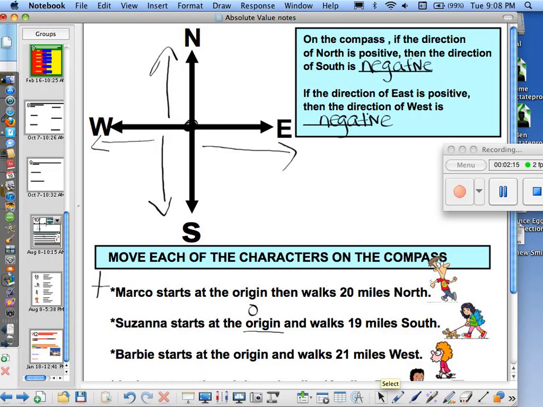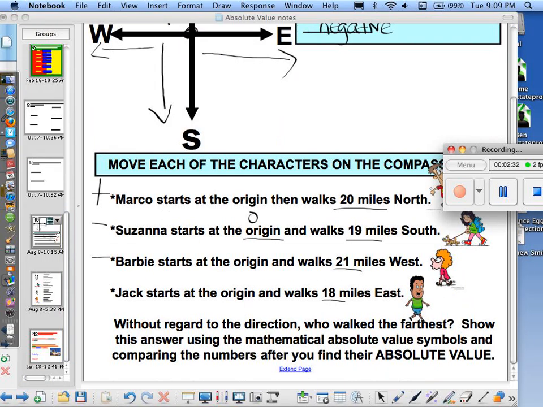So go ahead and put a negative sign there to remind you. So Barbie starts at the origin, again 0, and walks 21 miles west. So you decide if that's going to be a positive or a negative direction. So Barbie went west, so that would have been negative, and Jack went east, so that is positive.